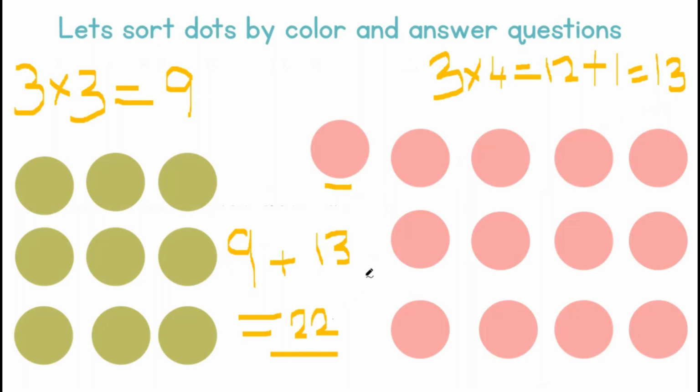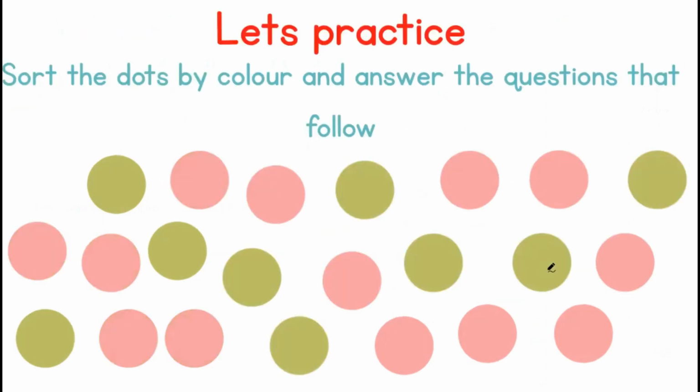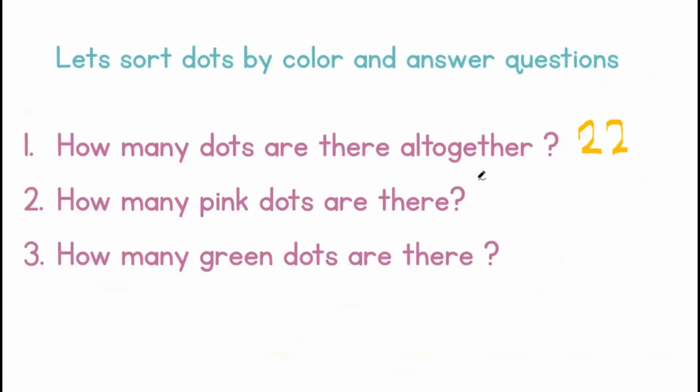How did we find this out? We counted our second group. But how did we find out how many pink dots we have up here? We would have to count them one at a time from all over the place. Sorting our data makes life much easier. 13.